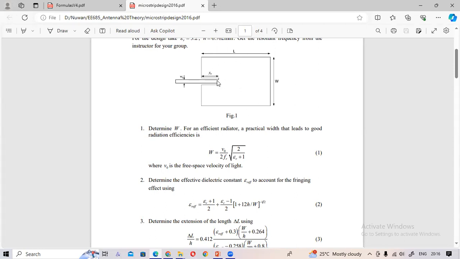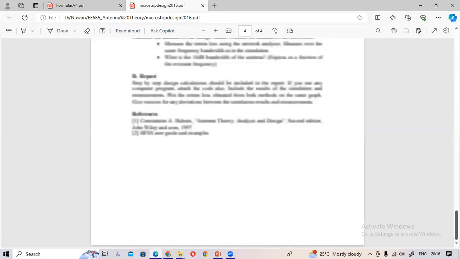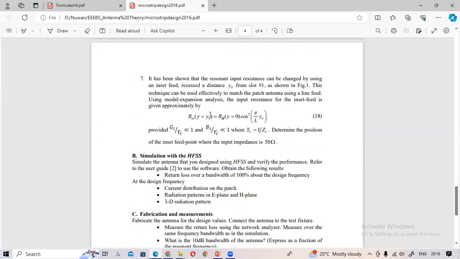Now you are going to match this input impedance to the desired input impedance. For that, you are using this one. So this should be the desired impedance, for example 50 ohm or 100 ohm, and this should be the calculated antenna input impedance.